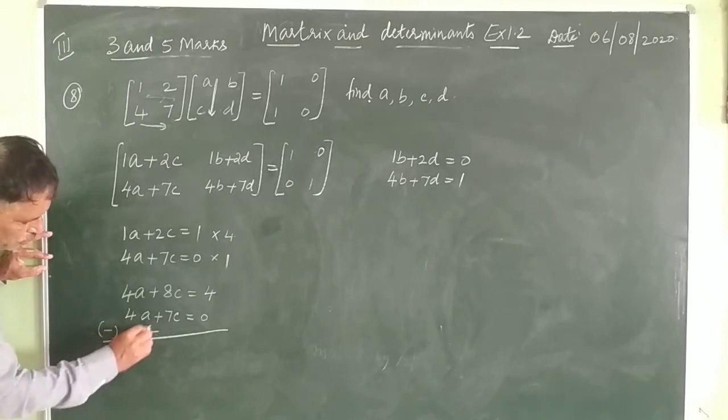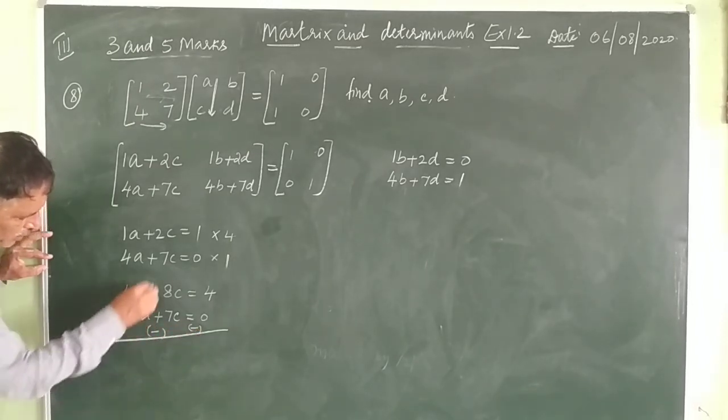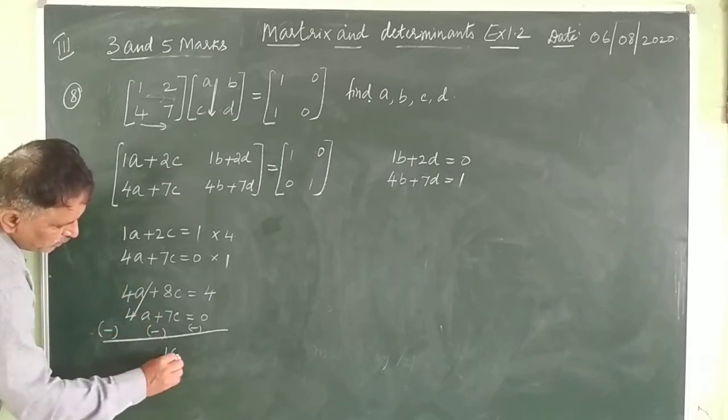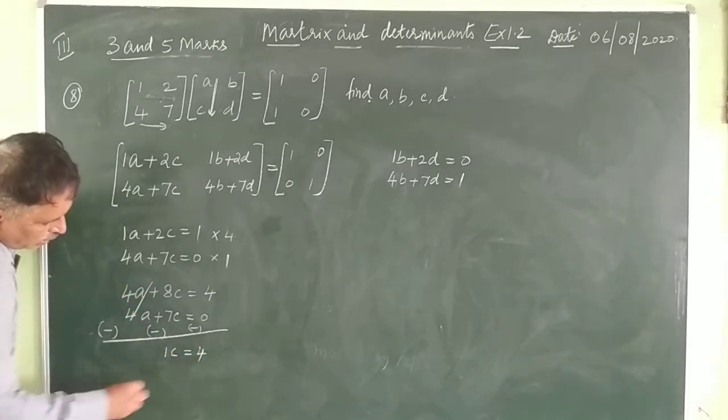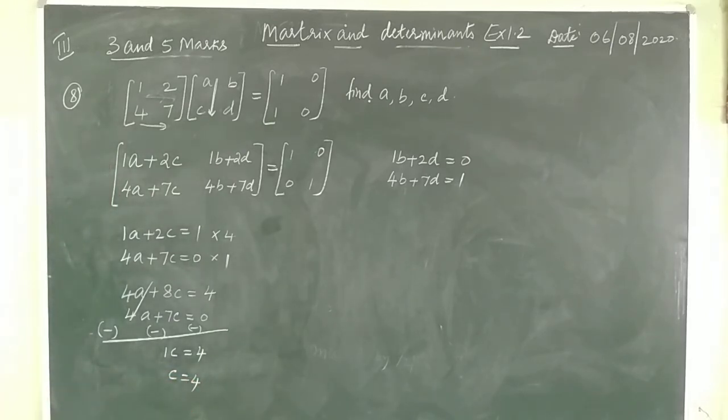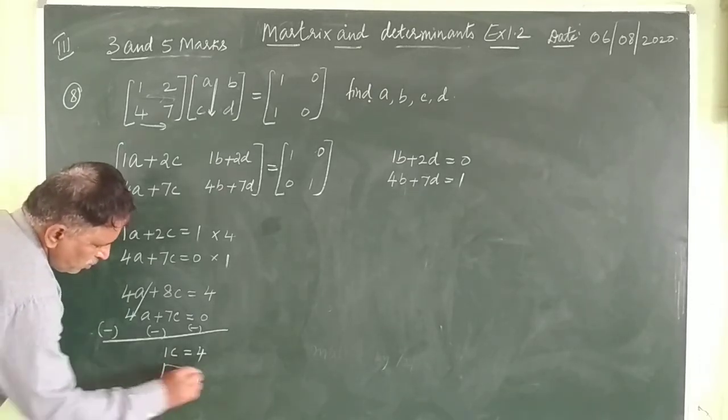These two will get cancelled. 8C minus 7C is 1C, which is equal to 4. So C is equal to 4.